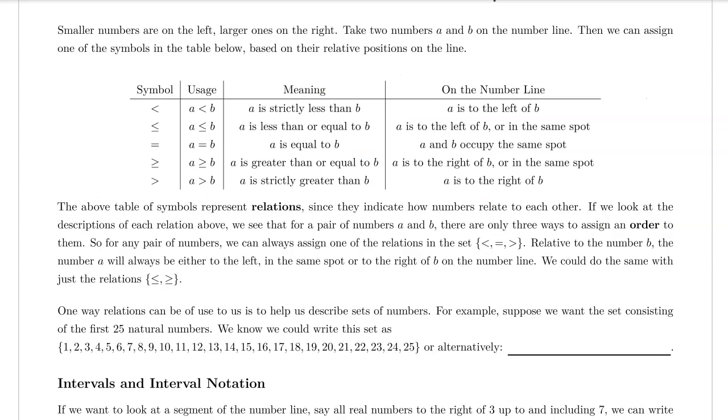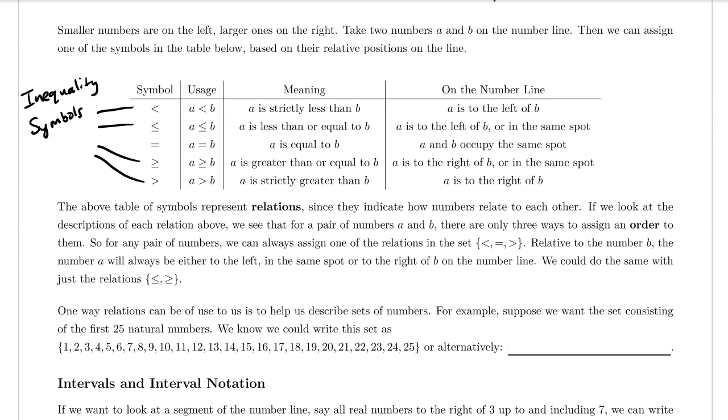Smaller numbers are on the left, larger ones are on the right in terms of the real number line. Take two numbers a and b on the number line, then we can assign one of the symbols in the table below based on their relative positions on the line. Here, except for the equal sign, the other four are called inequality symbols, and we use them to compare two or more values.